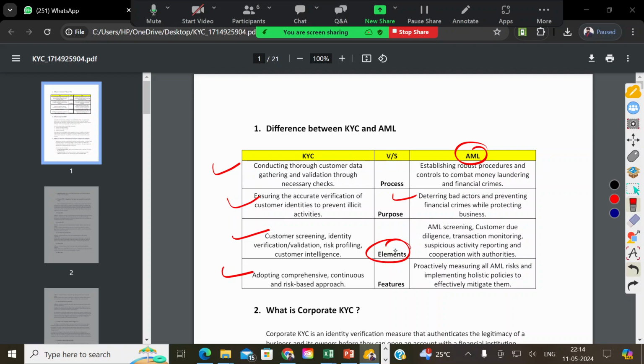If we talk about features, see, proactively measuring all AML risk and implementing holistic policies to effectively mitigate them. So we should always review anti-money laundering policies from time to time to ensure that we have the process in place.